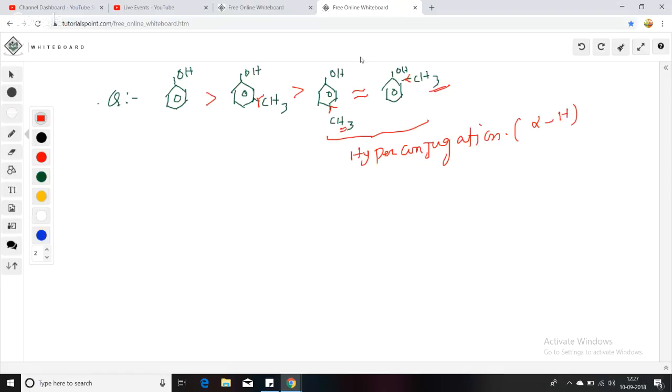Now another example you see. If I write down this, two more examples we'll see on this.